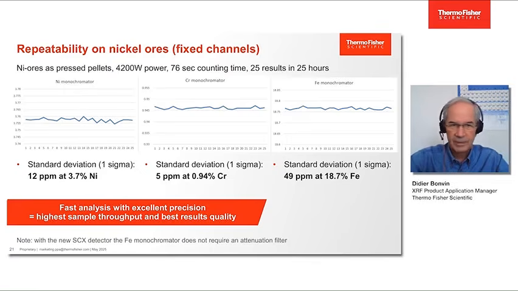We count for 76 seconds. If we add a loading of about 30 seconds, we are going to be in less than 2 minutes. Each result is obtained for this analysis, which means also high sample throughput. And also we can see the quality of the results is excellent.